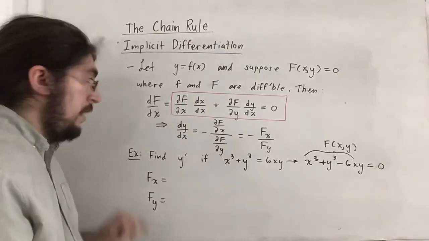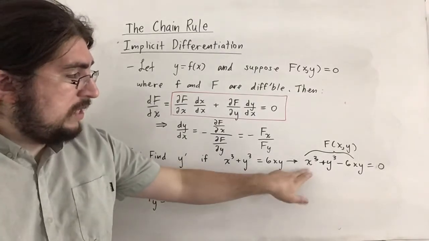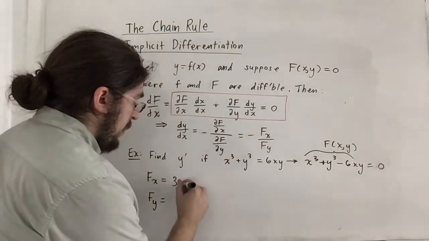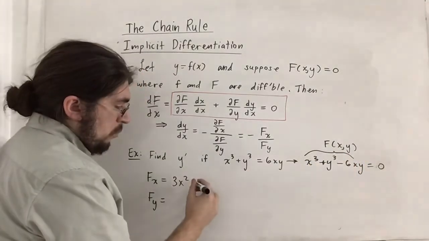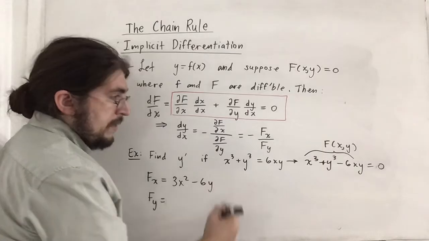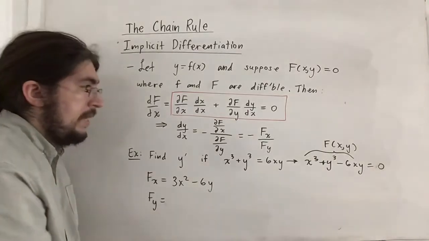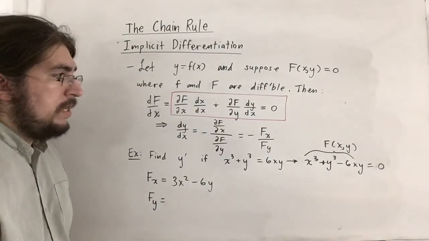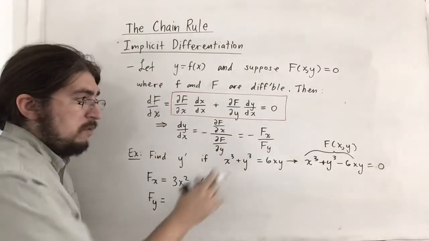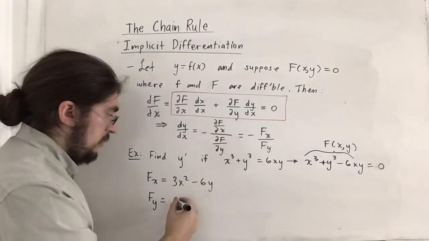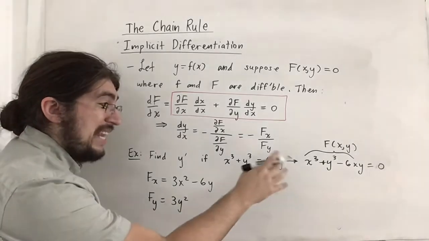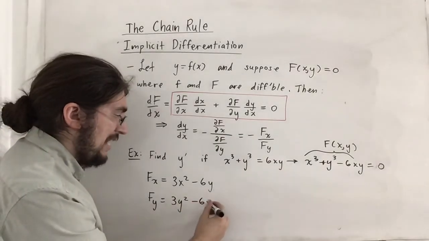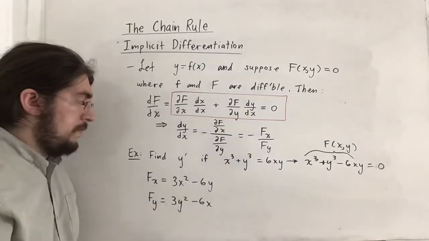So let's see. F sub x, derivative of this with respect to x, 3x squared. Derivative of the second term is 0. Derivative of negative 6xy with respect to x drops the x and just leaves us with negative 6y. Good. Derivative of capital F with respect to y now, x cubed goes to 0. Y cubed goes to 3y squared, and then negative 6xy will go to negative 6x because here the y drops.